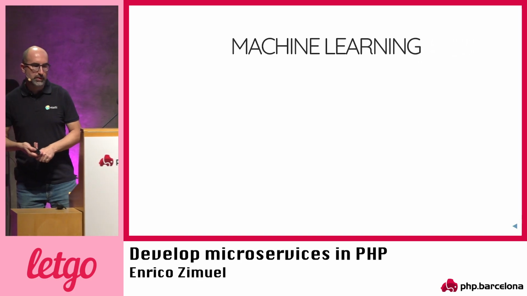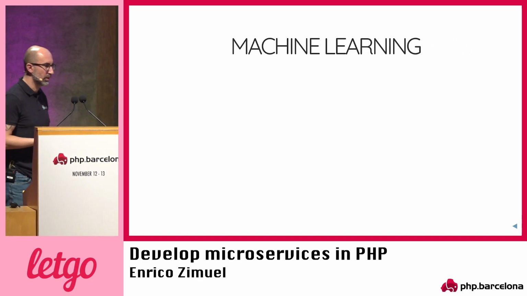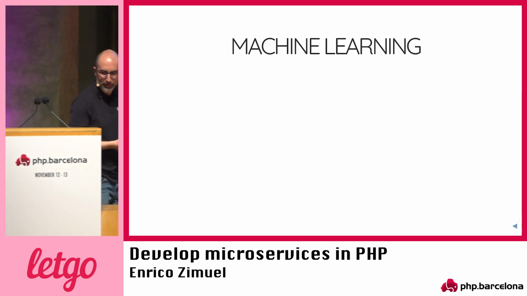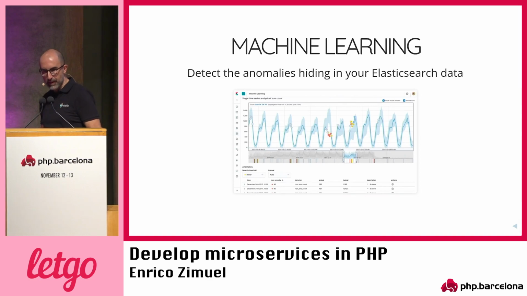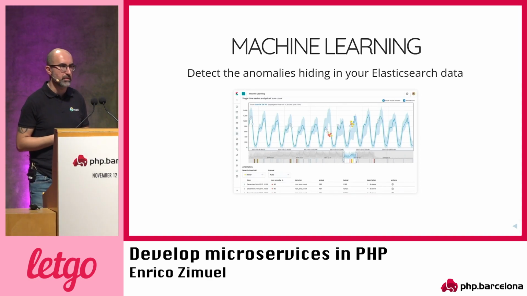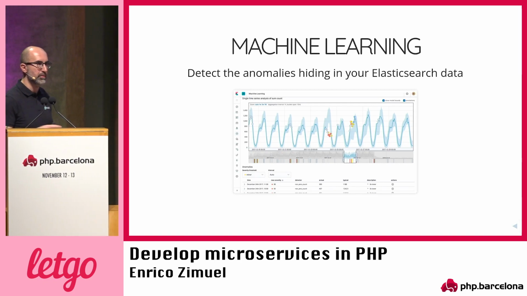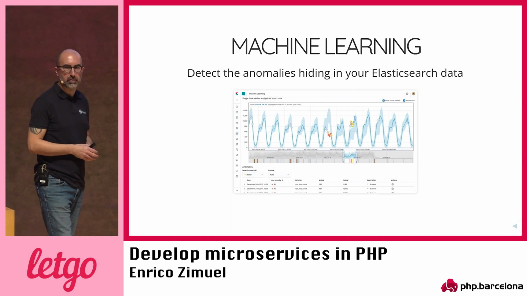It's also nice because we have an additional feature on top of the open source stack, for instance, machine learning. So basically, this is an automatic way to discover anomalies in Elasticsearch data. Imagine you are storing all the HTTP requests and responses of your application, even the execution time.